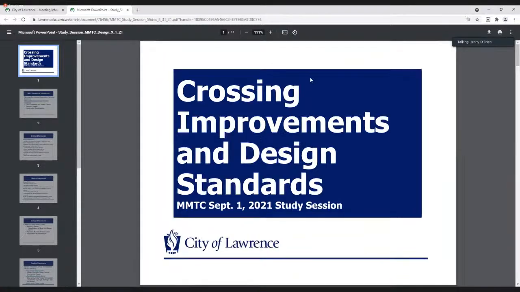All right, hopefully you can see that. I attached a few slides to tonight's study session meeting. We're going to talk about crossing improvements and design standards.